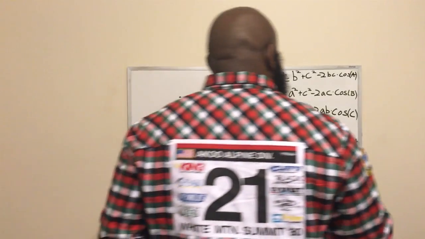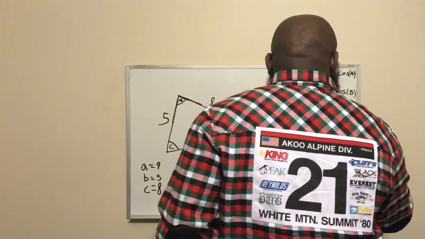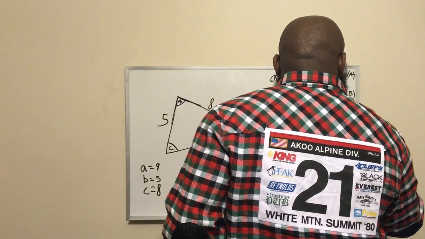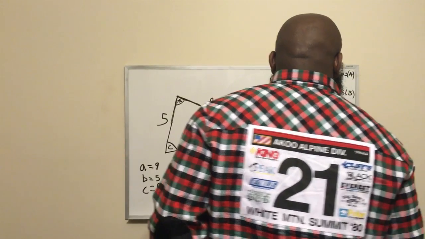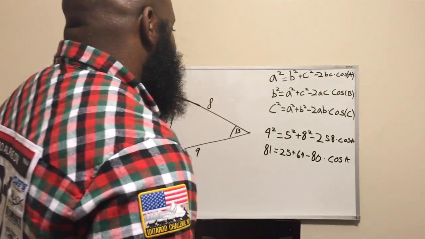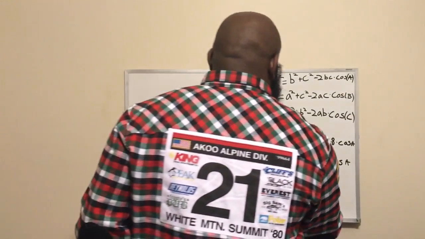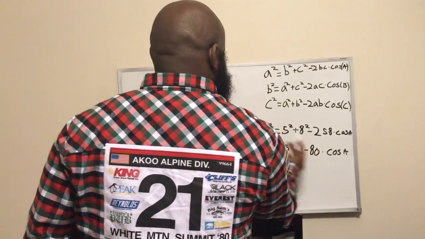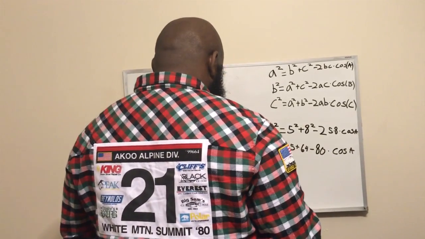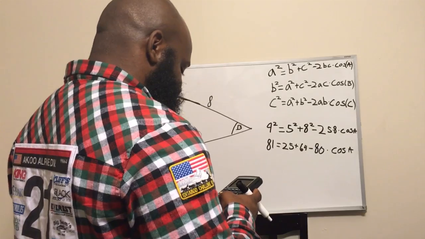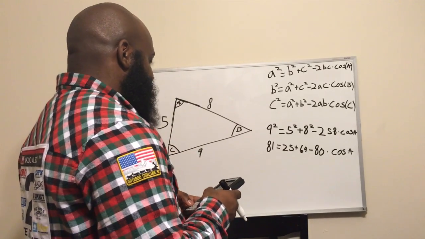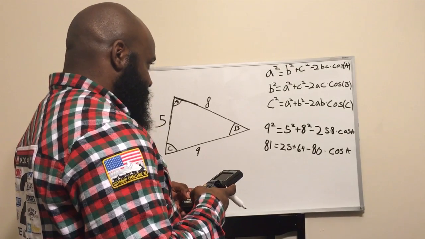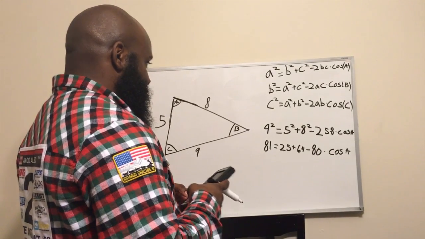And 2 times 5 times 8 is 80, times cosine A. We need to get cosine A by itself. 25 plus 64 is 89.